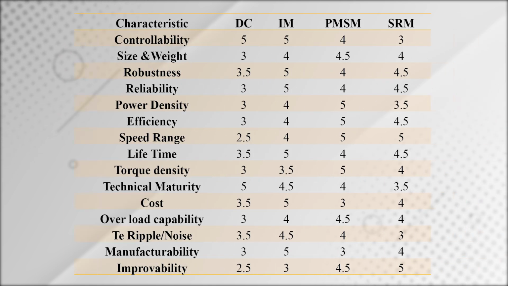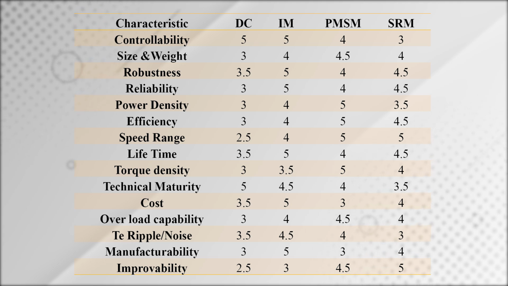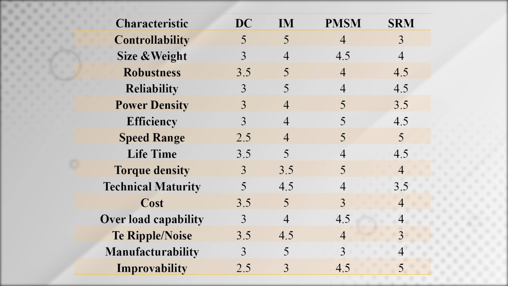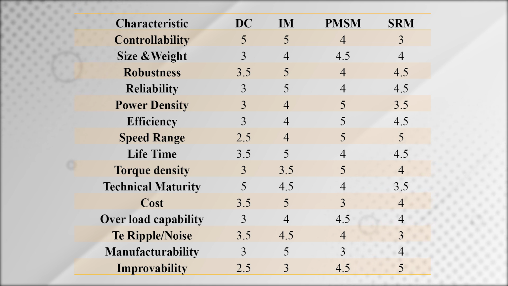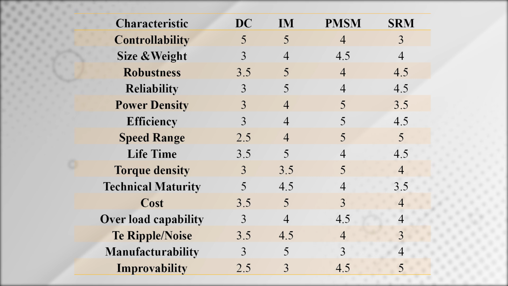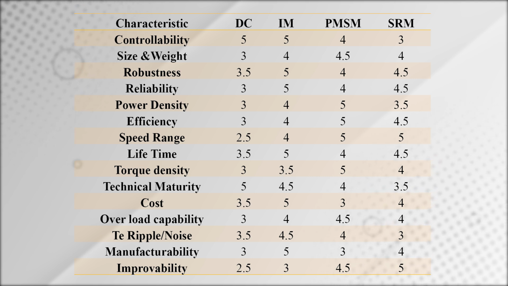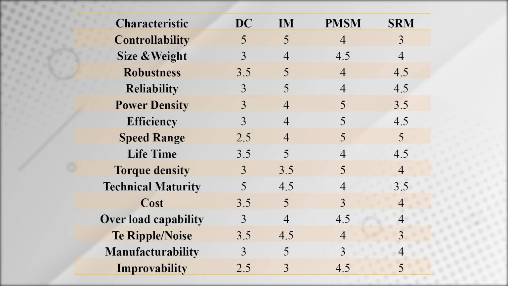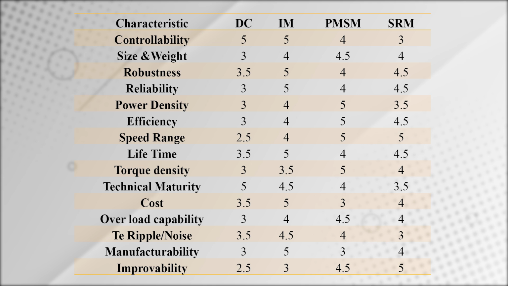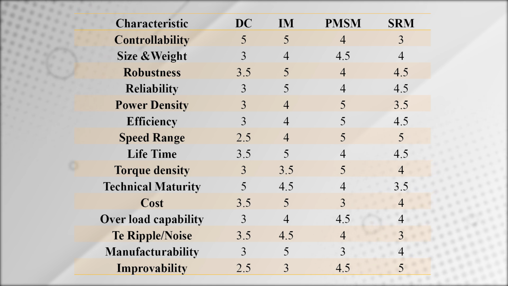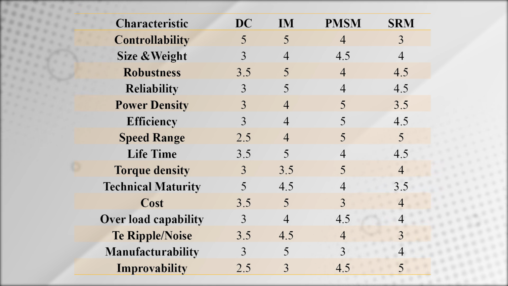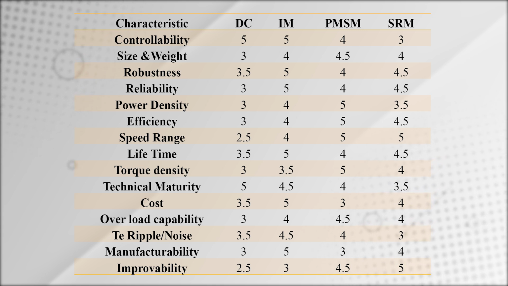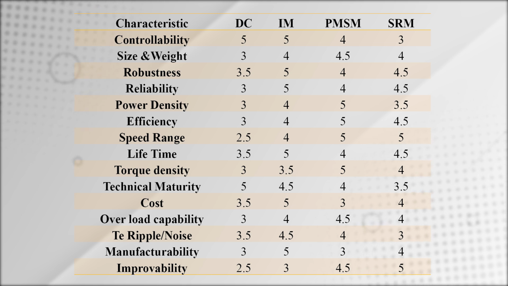These motors can also be compared based on controllability, size and weight, robustness, reliability, power density, efficiency, speed range, lifetime, torque density, technical maturity, cost and overload capability. Each of these characteristics can be given 1 star to 5 stars. 5 stars means the best suited machine for a particular characteristic and 1 star means the worst suited or least suited machine against that characteristic.